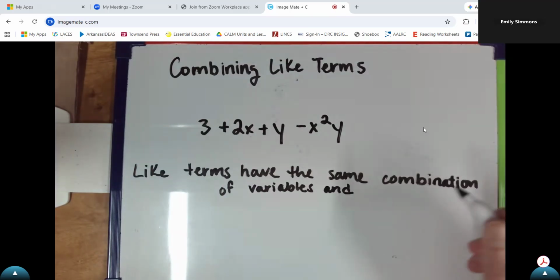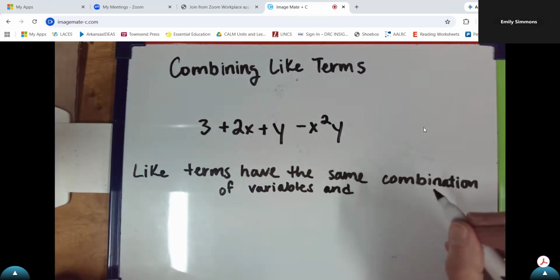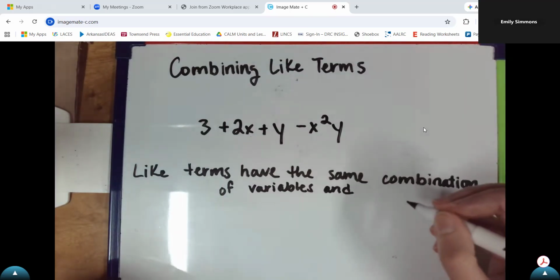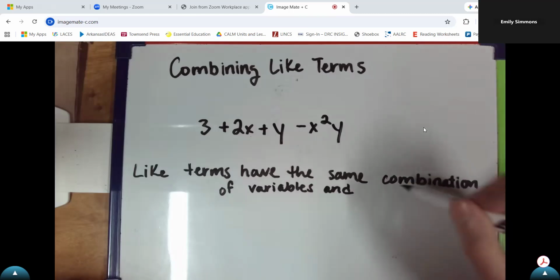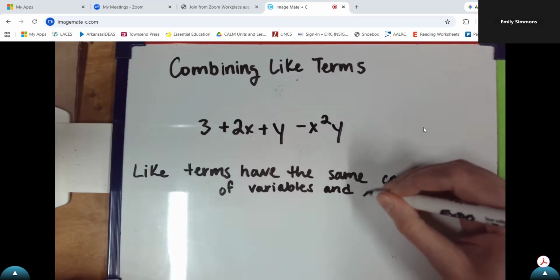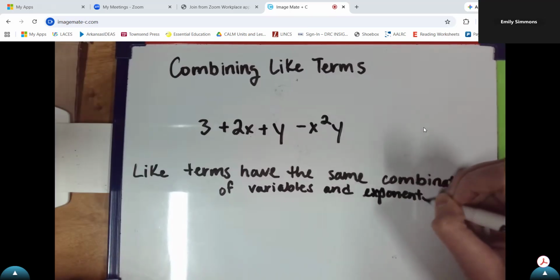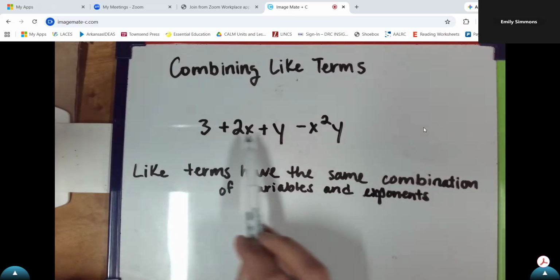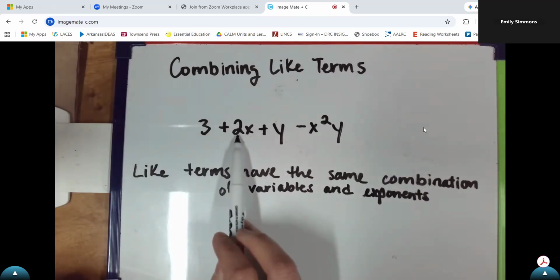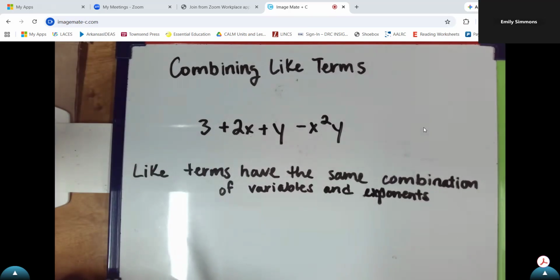And for like terms, the coefficients, or the number that we're multiplying by, can be different as long as we have the same variables and exponents. So a coefficient example might be the 2 in the 2x.